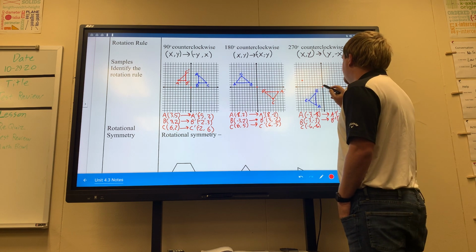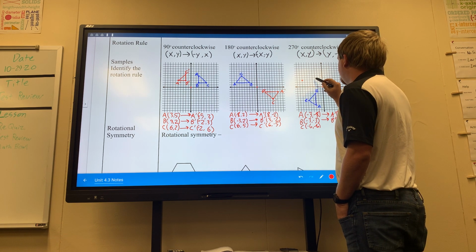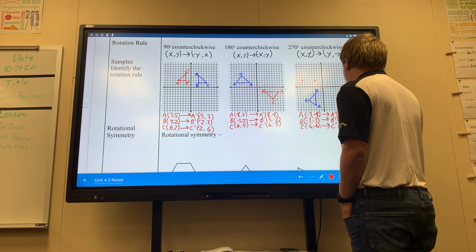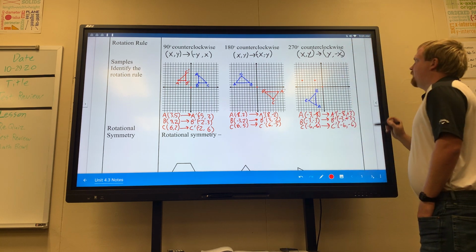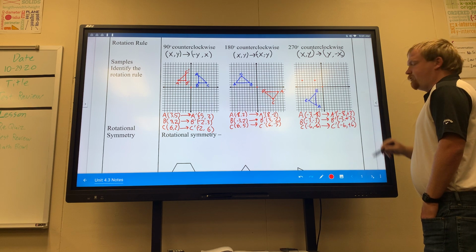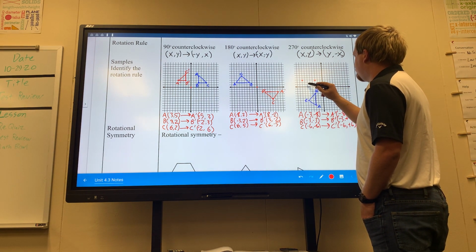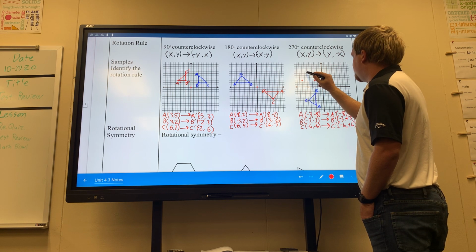So I get negative 3, 1, 2, 3. Not much of a switch here, but my new Y becomes positive. 1, 2, 3, 4, 5, 6.